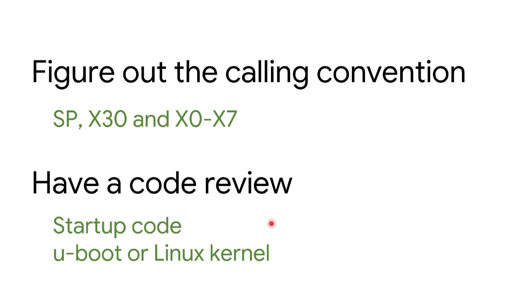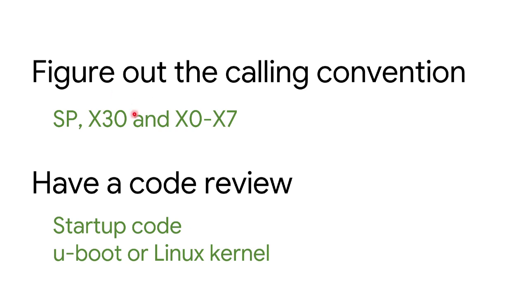Now that you can perform debugging to run assembly instructions and see how the register is updated, the next step is to understand the calling convention. The calling convention is important to figure out how the general purpose registers are used.